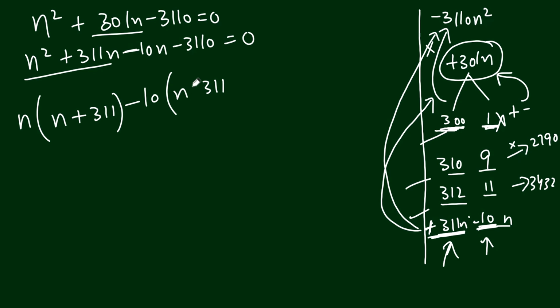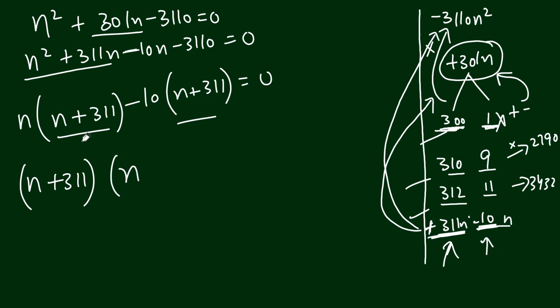If some are confused why it should be plus, because minus into plus is minus, or minus into minus, that sign will come here. Two brackets came the same, means we are doing it correct. So n plus 311 comes common. Here remaining is n and minus 10, right?